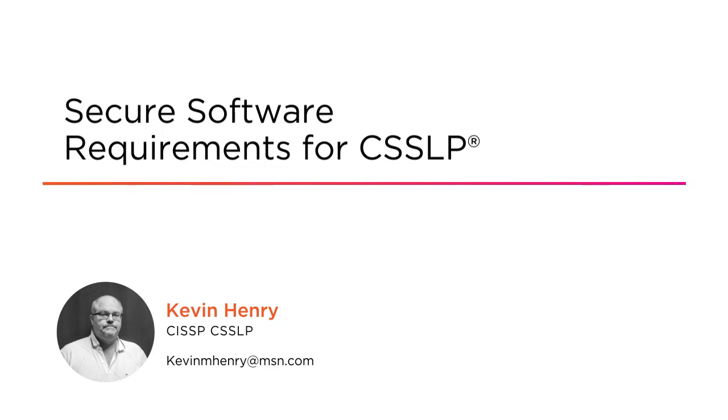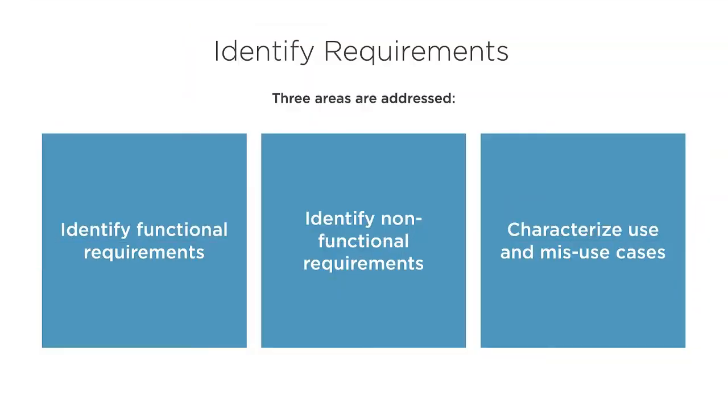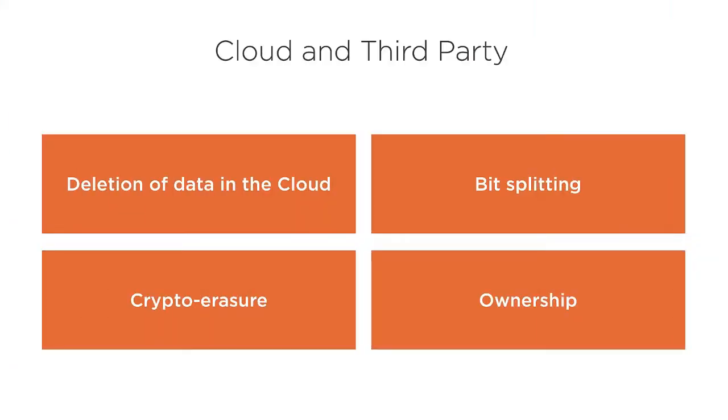Welcome to my course on secure software requirements, the second domain of the CSSLP certification. This course will help you gather functional and security requirements to support software development projects and assist you in preparing for the CSSLP examination.